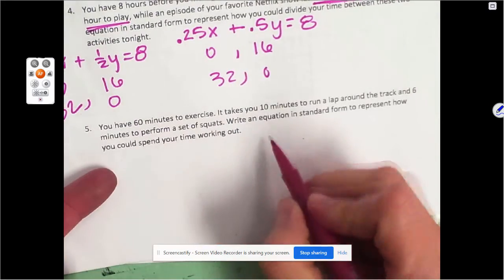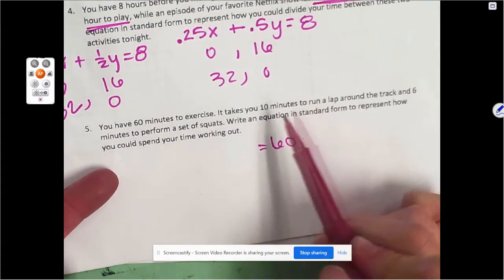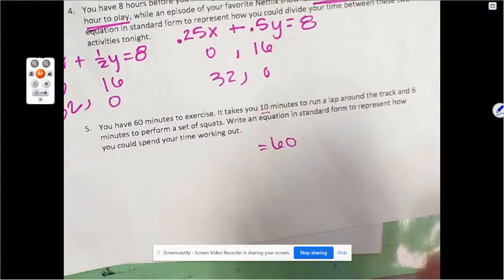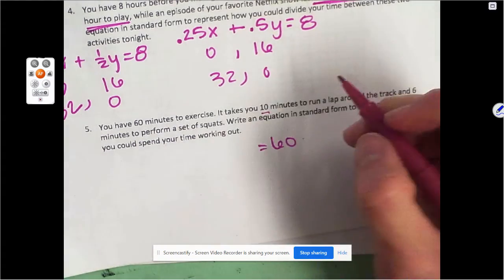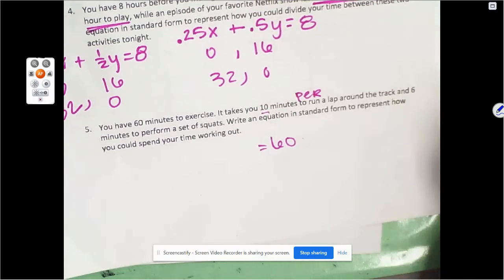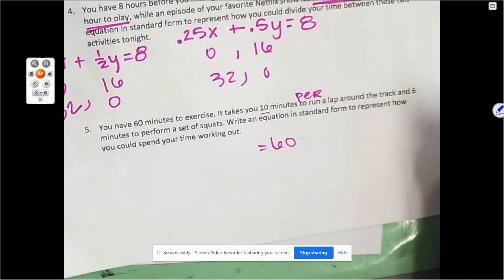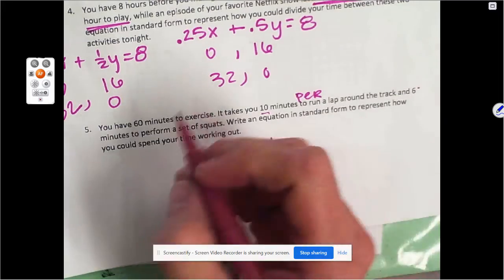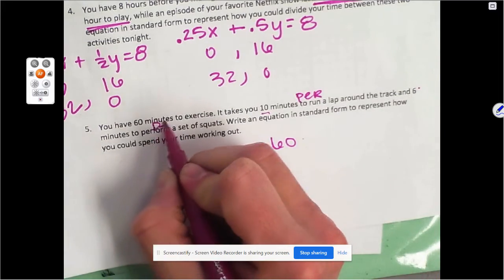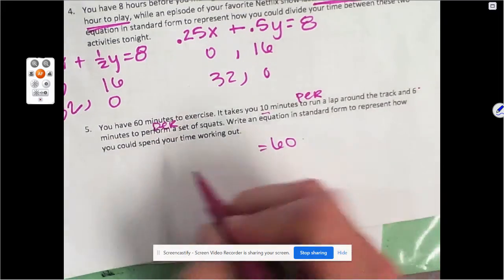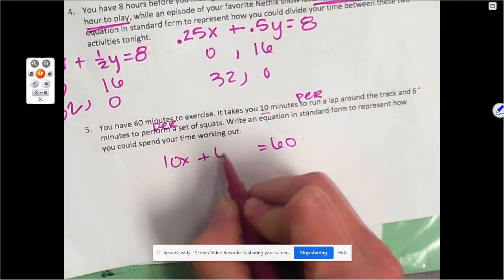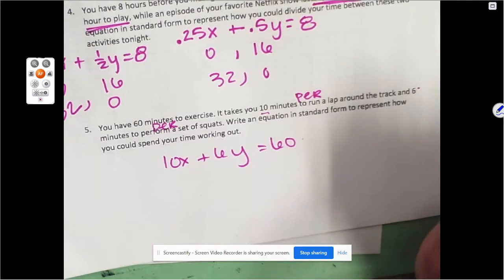You have a total, okay, so that's our total. 10 minutes. We could change this and say it takes you 10 minutes per lap. I'll make sure I have pers in there. And 6 minutes per set of squats. 10x plus 6y equals 60.